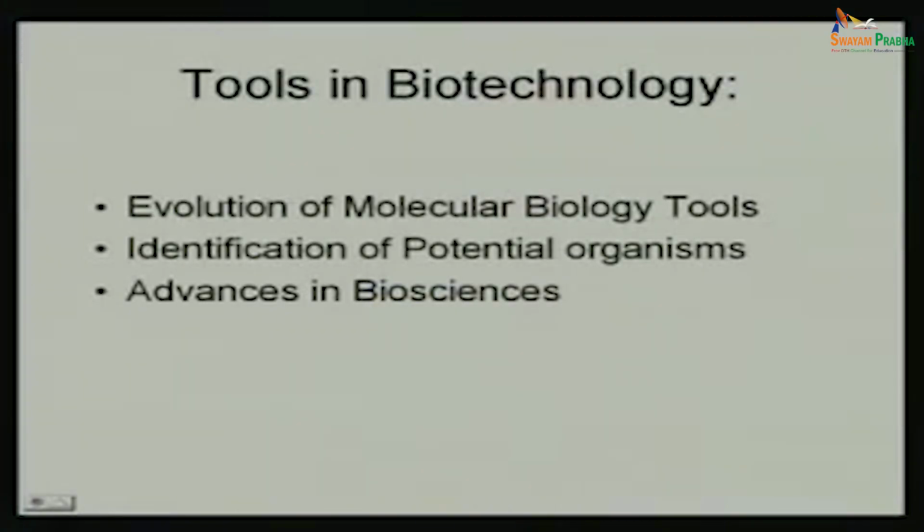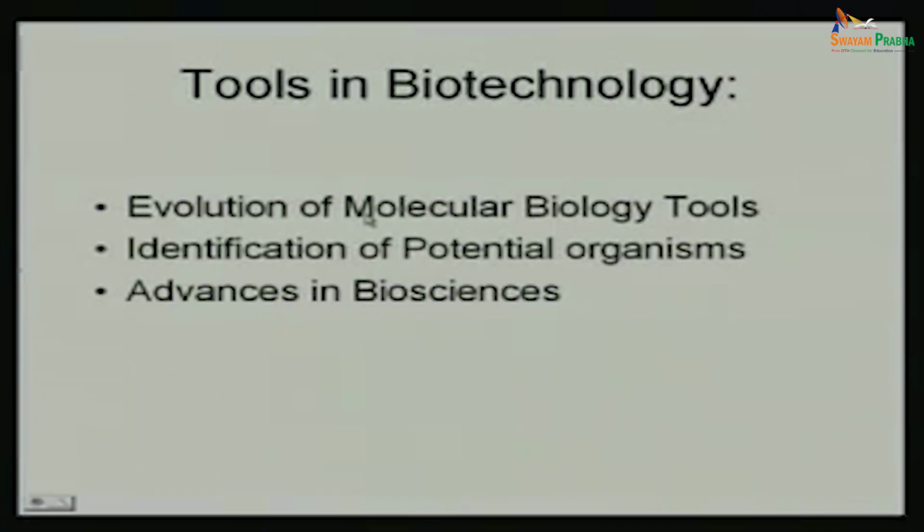This particular tool can be applied to any branch of the living cell, maybe plant, animal or microbes. Through this technique, we can go for better improvement of yield. This is one way of modification.